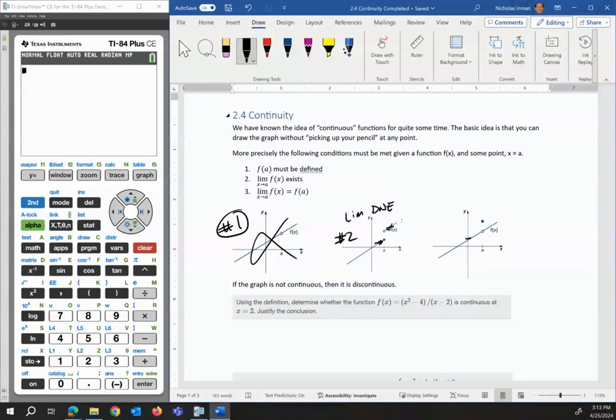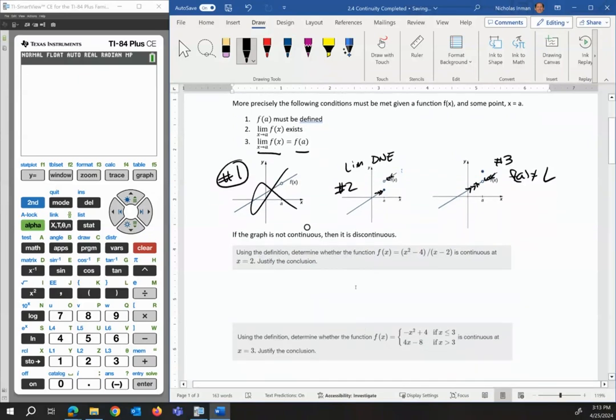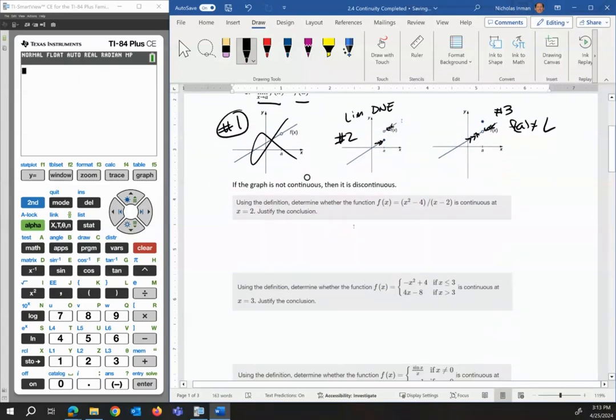Number 3, the limit exists, and it's here, but the limit and the value aren't the same. The limit doesn't equal the value at a. All right, so all 3 of these things have to work in order for something to be continuous. And if it's not continuous, then it's discontinuous.